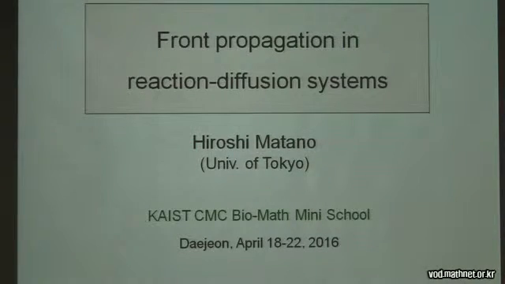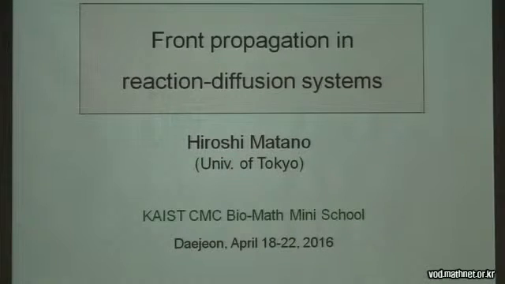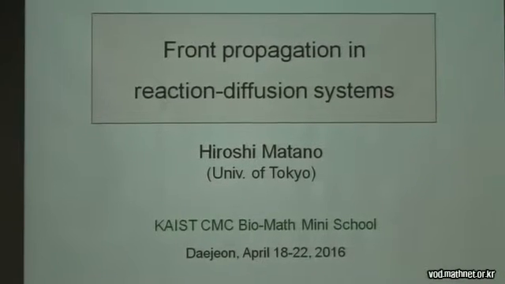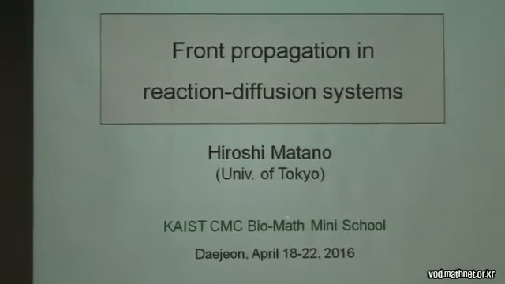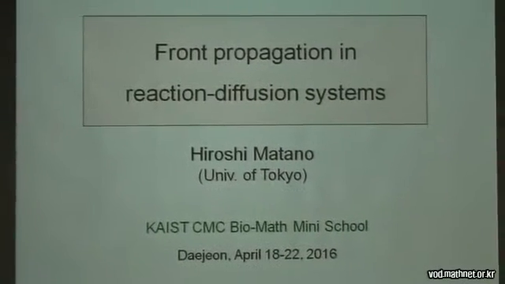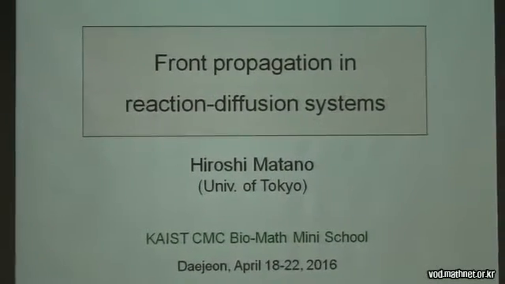And also the name of this conference is the KAIST CMC Math Biology Conference, but in the program which Professor Kim gave me, it was written as the Biomath Mini School, so it is part of the mini school part of the conference, I suppose. So I'm giving a very short mini course mostly to graduate students.